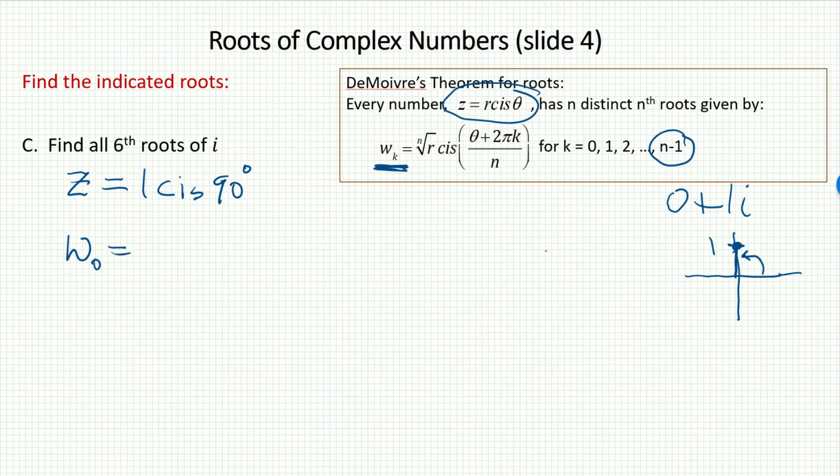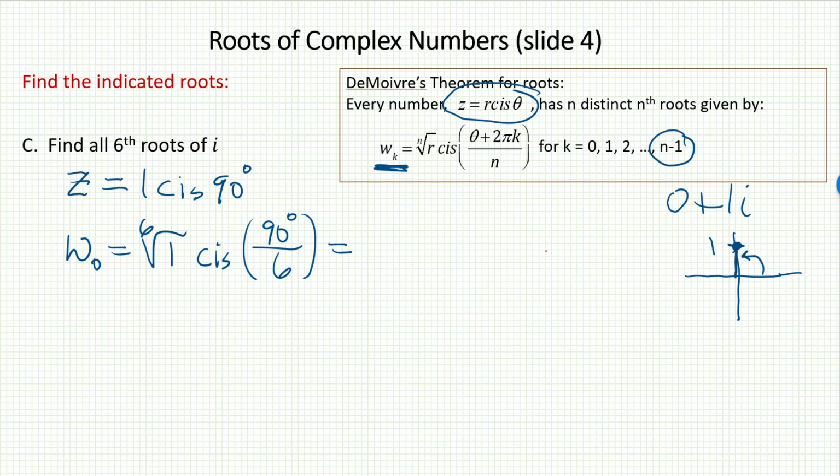How do I do this? Well, first I take the 6th root of the r, the 1, and then for the angle, the first angle that I do, I don't add on any multiples. If I were going to add on multiples, I would have to change the 2 pi to 360 since we're working in degrees. But for this first one, I would just have the 90 degrees divided by my n, which is 6.